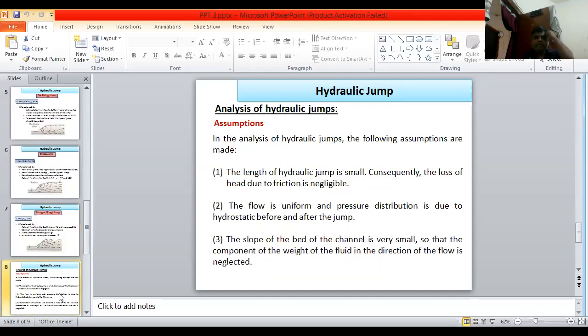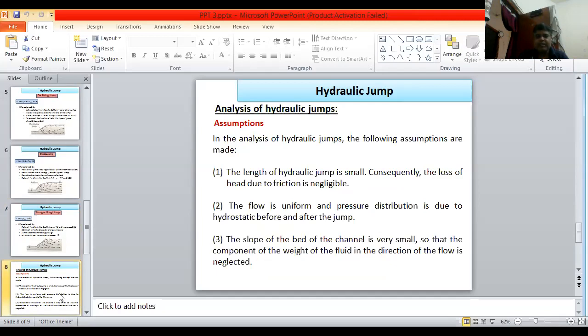Now, analysis of hydraulic jump assumptions. In the analysis of hydraulic jumps, the following assumptions are made. First one is the length of the hydraulic jump is small. Consequently, the loss of head due to friction is negligible.